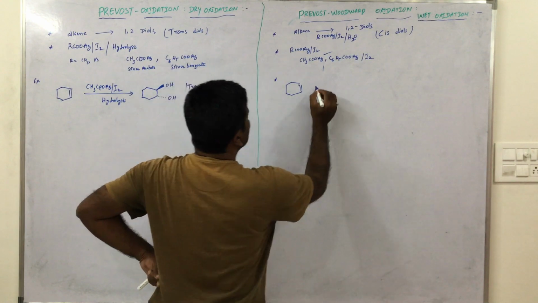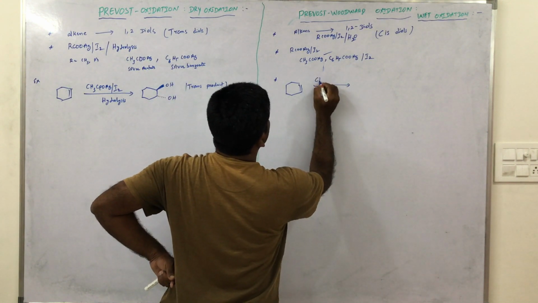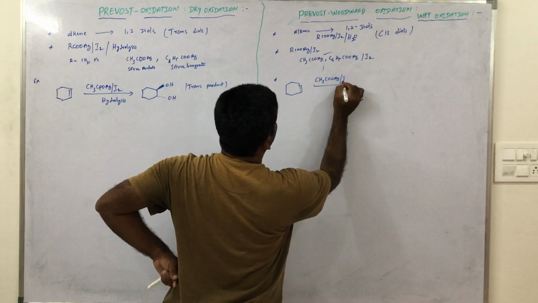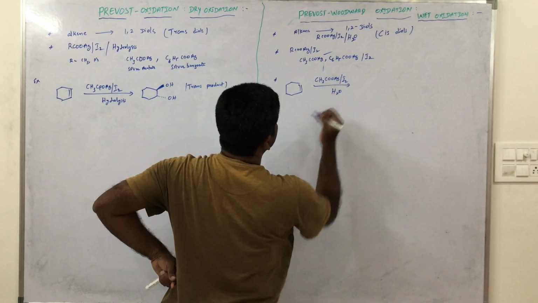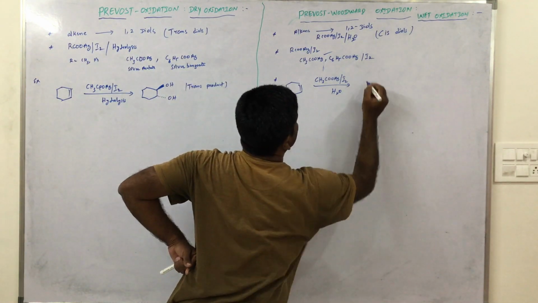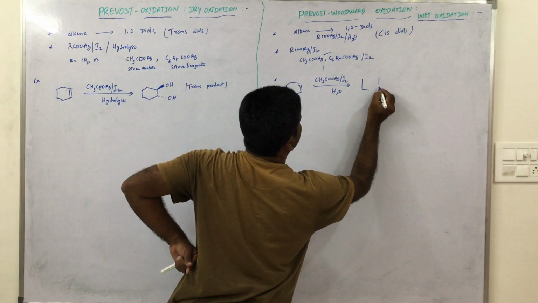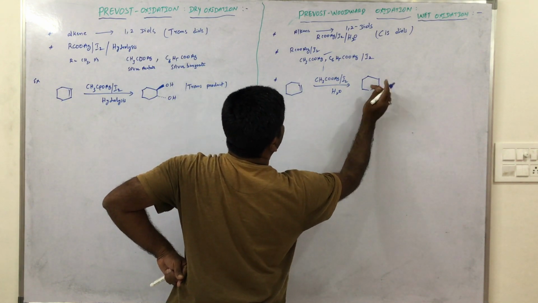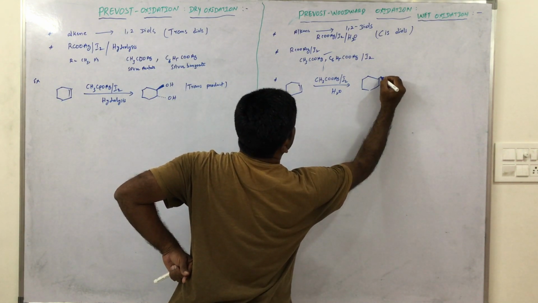Same example we take here, in the presence of CH3COOAg, I2, H2O. Okay, we get the cis product.